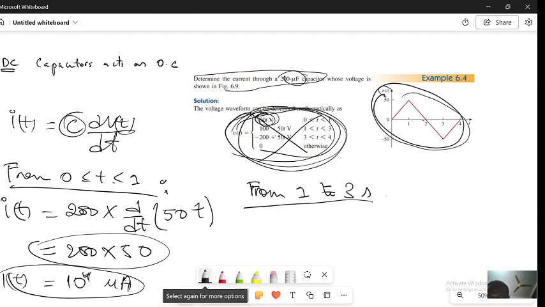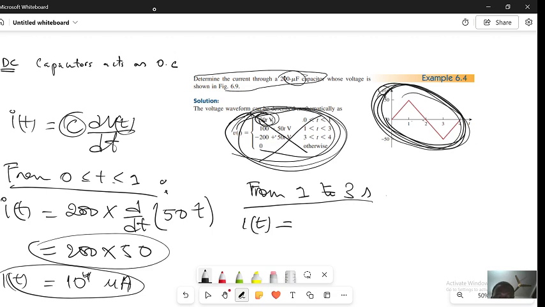So before we come to this video, I request you to go and see the previous video where we discussed the relation between charge and current for better understanding, because we discussed how to solve when a graph comes like this one. Now from 1 to 3, what's the graph? 100 minus 50t. So I'll have i(t) equal to C, 200, multiplied by the derivative with respect to t.